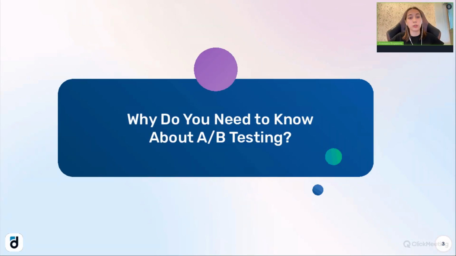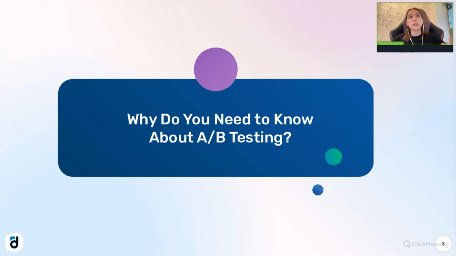Since you joined this webinar, I assume you already recognize the importance of A/B testing and are interested in it. But let's go back to basics. A/B testing, like other hypothesis validation methods, is a technique that allows us to accurately assess the impact of changes on user behavior or some key metrics.